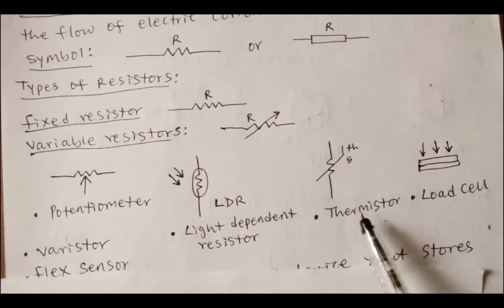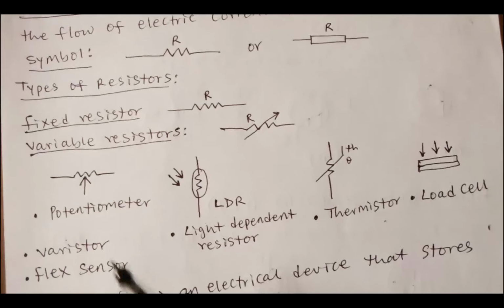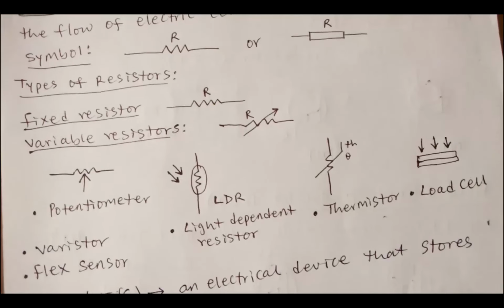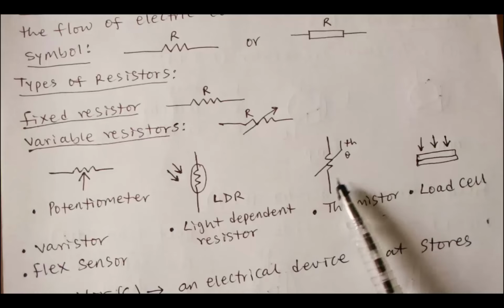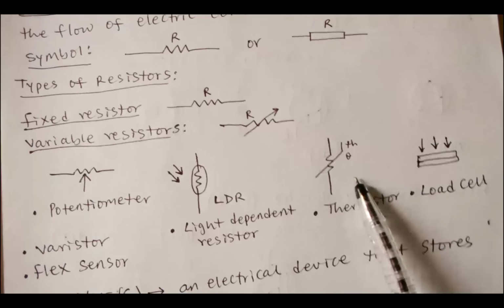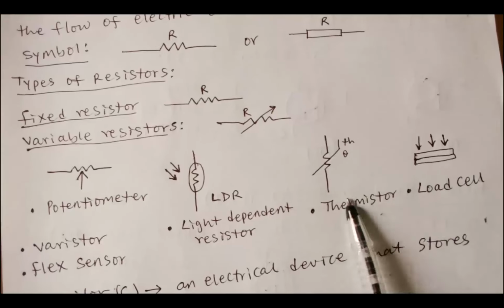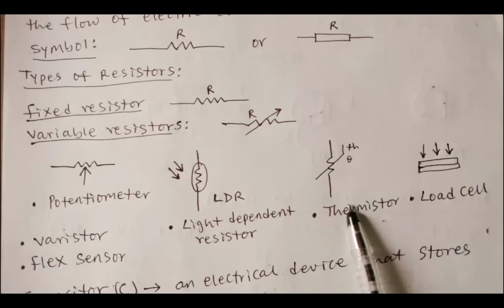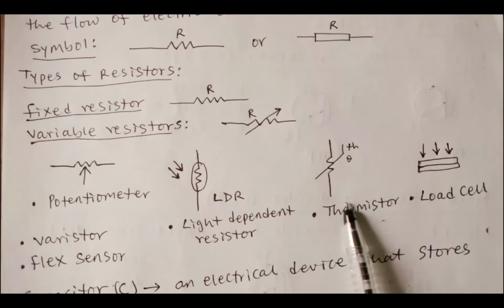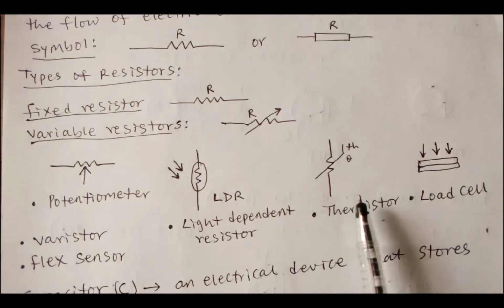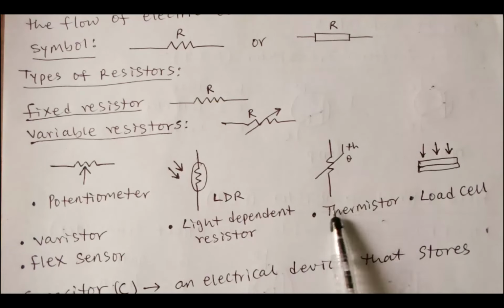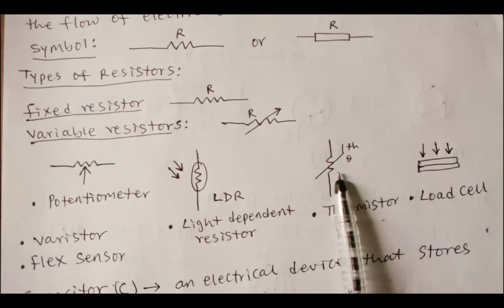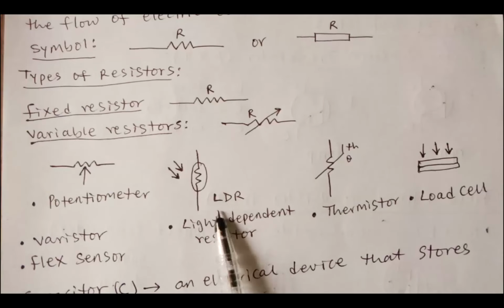Then we also have a thermistor, a temperature dependent resistor. You understand? We find this in our vehicles, our refrigerators, some microwave ovens, and our heating systems. This is temperature dependent, while the other is light dependent.